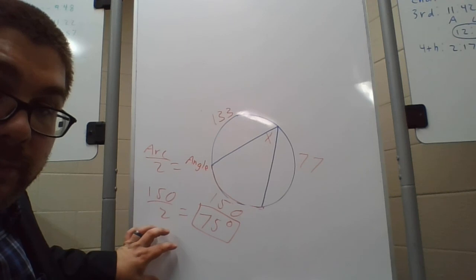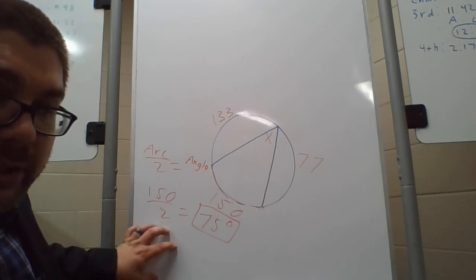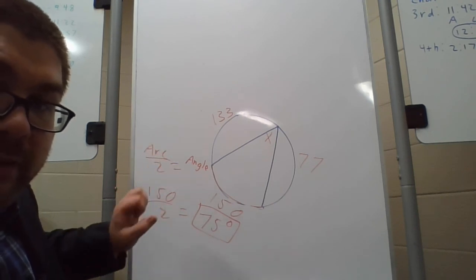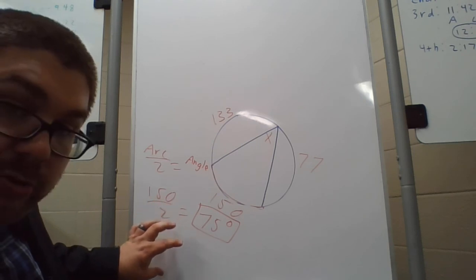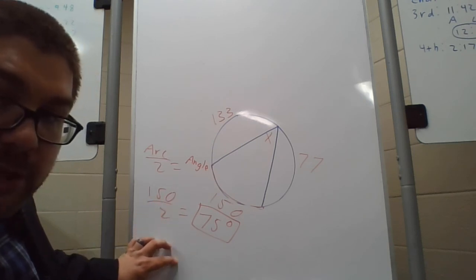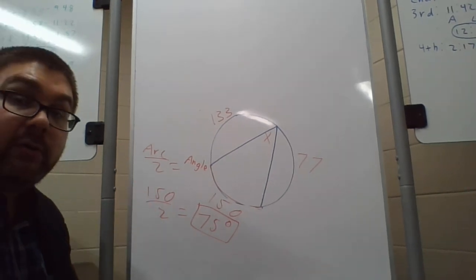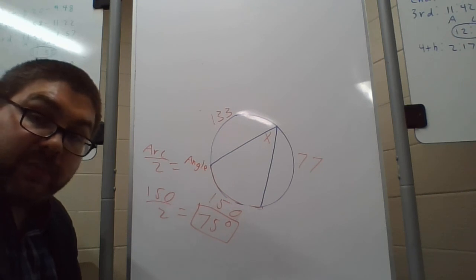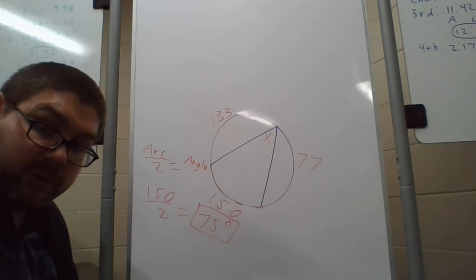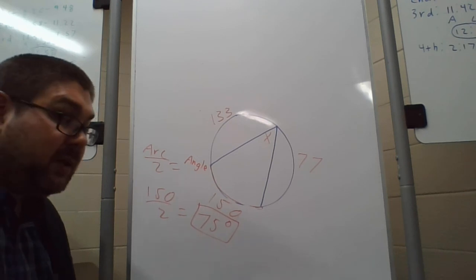But you need to use your knowledge of inscribed and central angles and the fact that there's 360 degrees in a circle to reason out these problems. They're complicated. They're not hard, but they're complicated. Do your best and just try to go one step at a time. Get one number at a time if you need to. Really, in general, always try to get one number at a time.